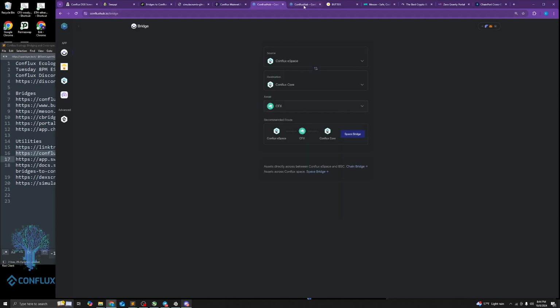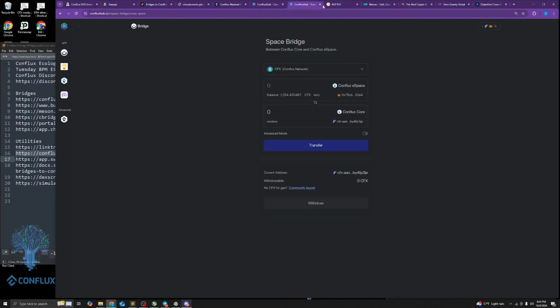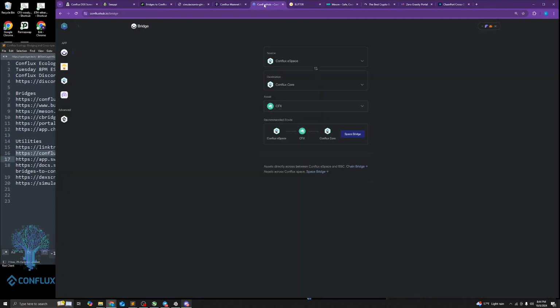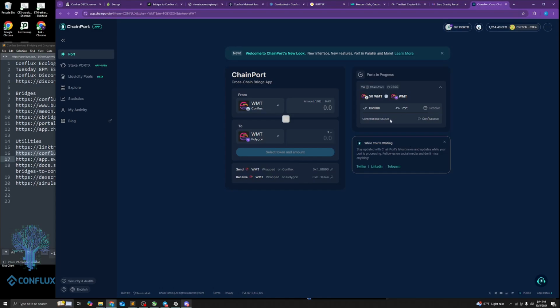Other than that, I don't often use Conflux Hub. I don't often use the bridge because these are so reliable now. I mostly use these. This is going to count up slowly.